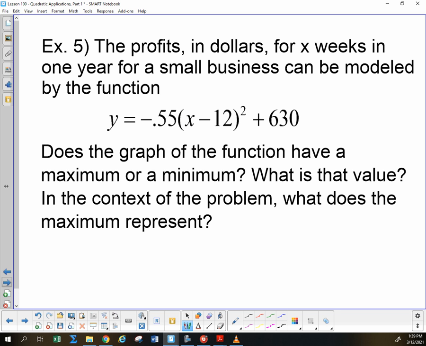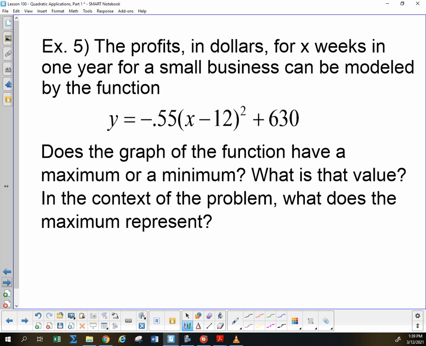So y equals -0.555 (x - 12) squared plus 630. So week 1, they made -0.555 (1 - 12) squared plus 630. Week 2, they made y equals -0.555 (2 - 12) squared plus 630, and so on.